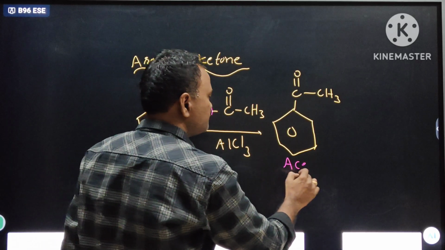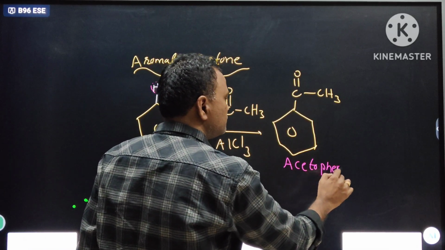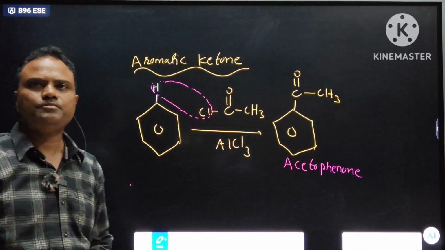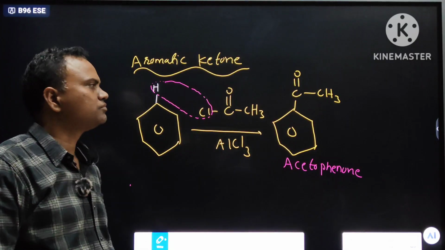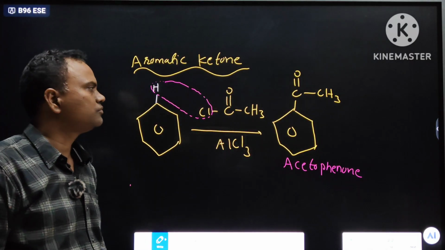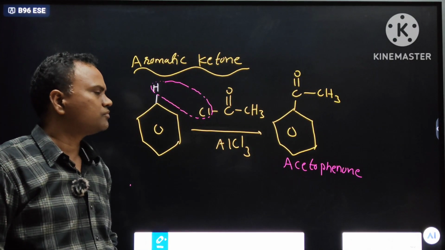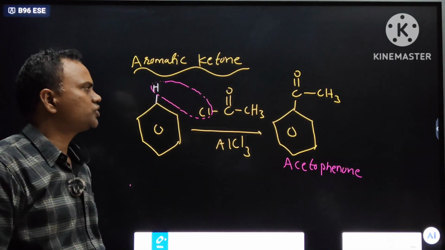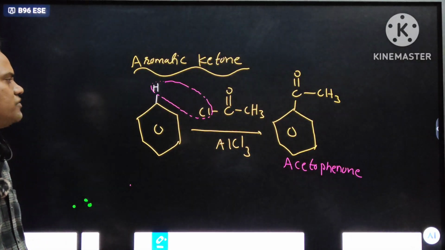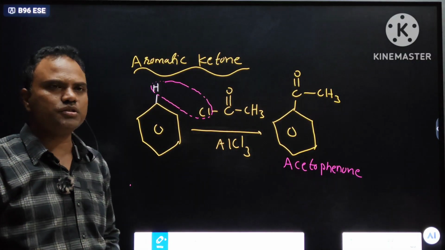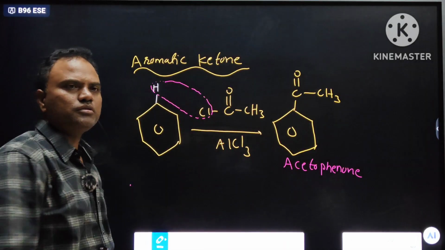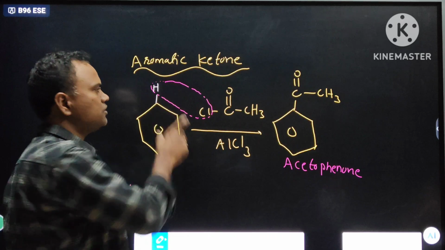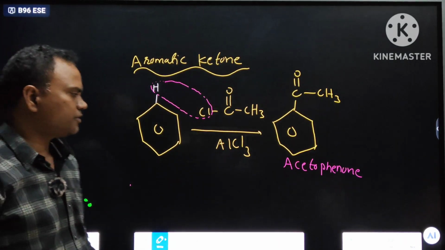Acetophenone is formed. This is for aromatic ketones. Benzene when treated with acetyl chloride in the presence of AlCl3, remove hydrogen and Cl, and attach the C double bond to the benzene. Very simple. Attach the remaining part.